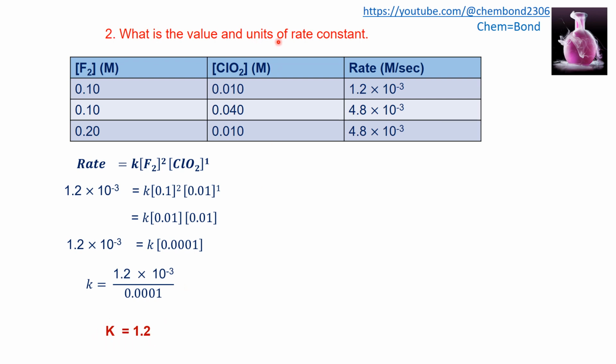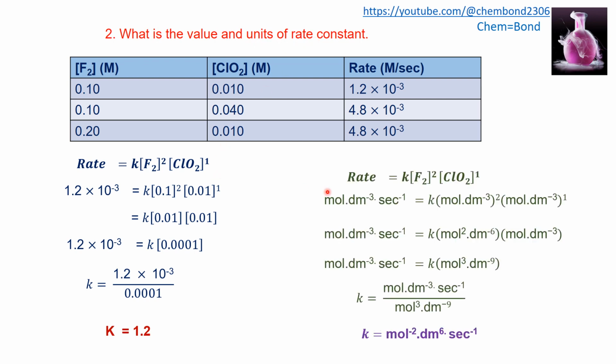Similarly, we will find the unit of rate constant using the same formula. So the rate has a unit mole per dm cube per second, and this is the concentration of fluorine. So it has unit mole per dm cube, but it has power 2, and it is also the concentration of chlorine dioxide. It is also mentioned as mole per dm cube with power 1. So first we will multiply this square with mole and dm cube.